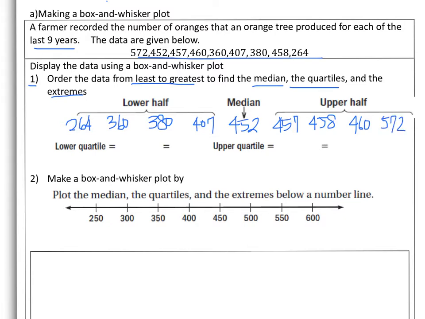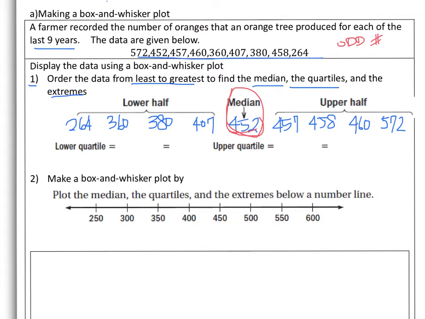As you can see, we have an odd number of numbers. Therefore, the middle number, we can choose 452 as our median. And now I need to calculate the lower quartile.